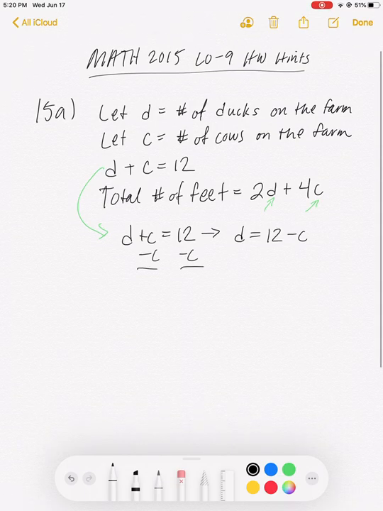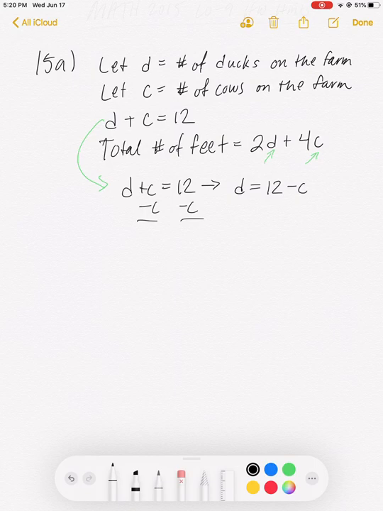Now I'm going to take this 12 minus C and put it in for the D up here.